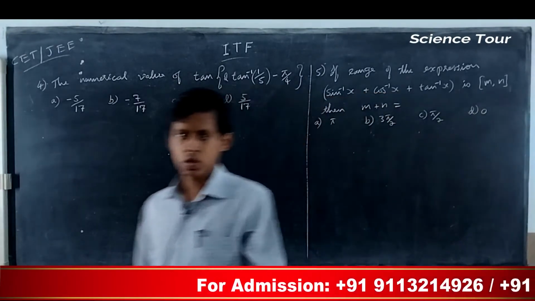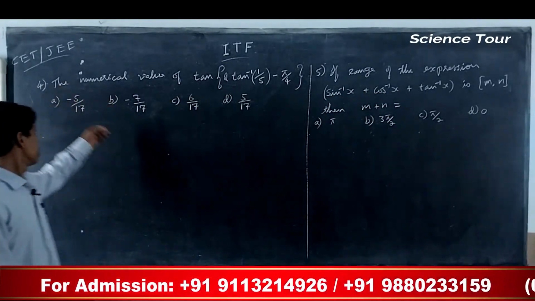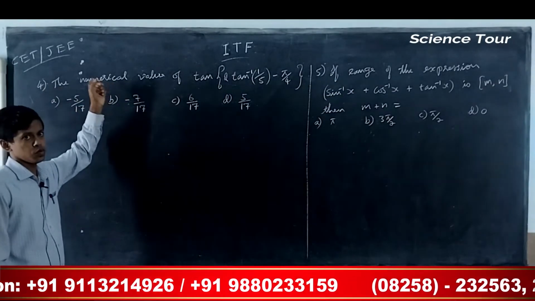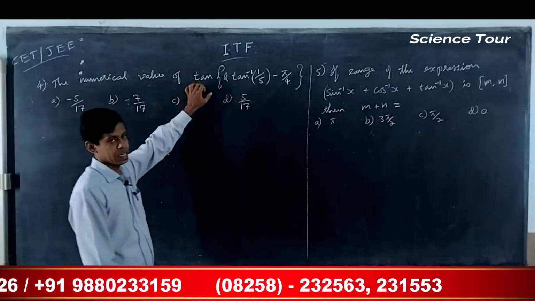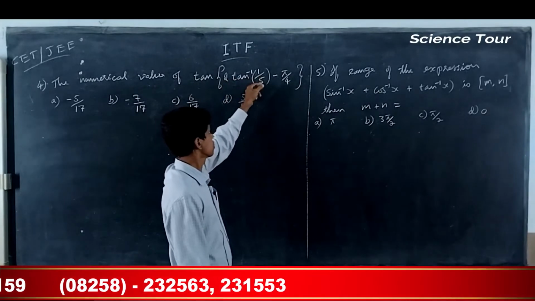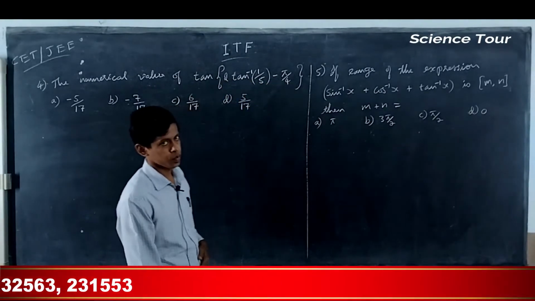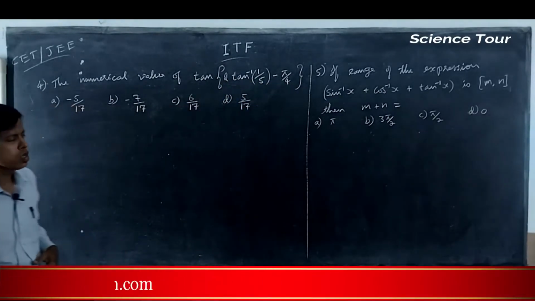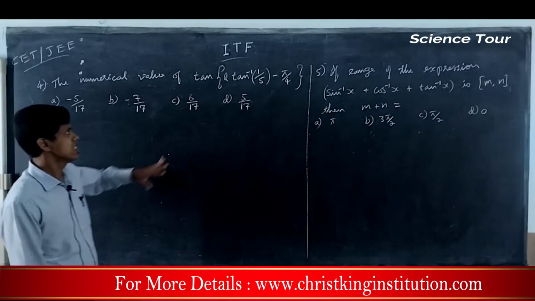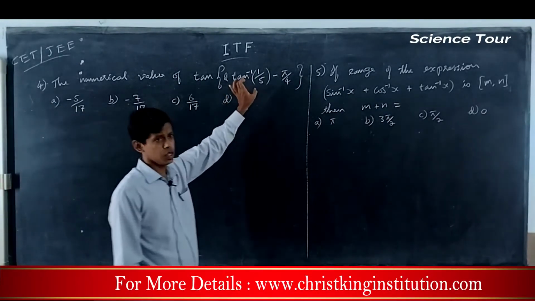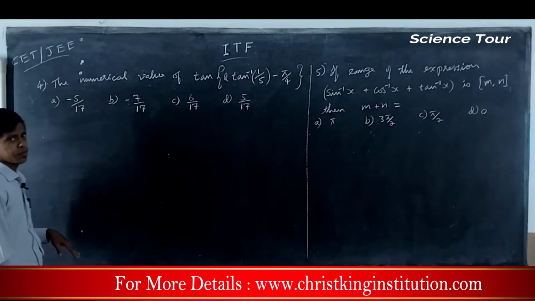Well, the next question, question number 4. The numerical value of tan of 2 tan inverse 1 by 5 minus pi by 4. So what I will do is, I will take it as theta.